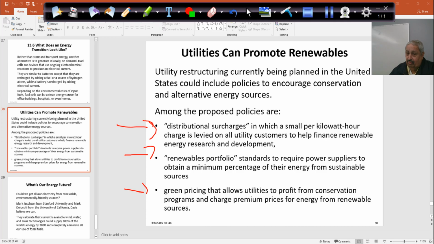Renewable portfolio standards require power suppliers to obtain a minimum percentage of their energy from sustainable sources. You force those people to produce energy from sustainable sources. And green pricing allows utilities to profit from conservation programs and charge premium prices for energy from renewable sources.